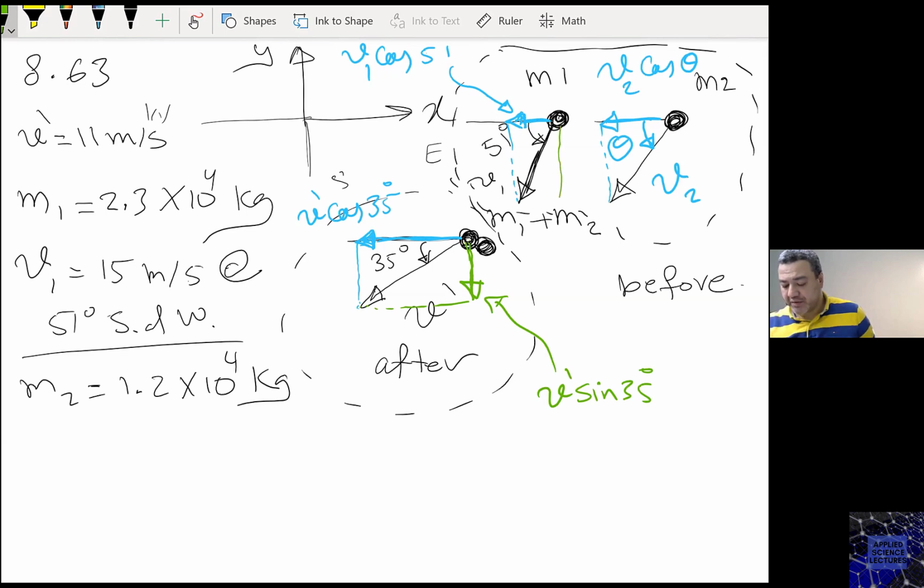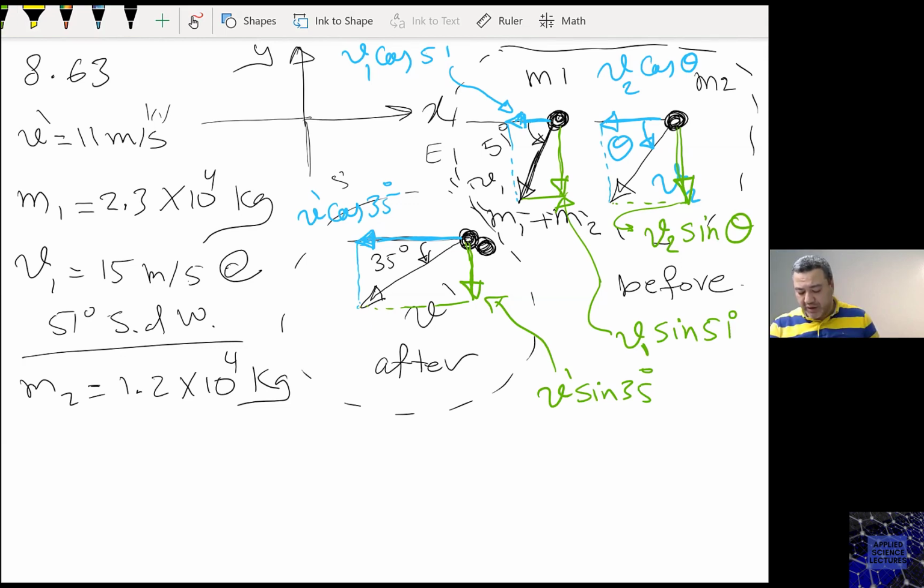Same here, this one is v1 sine 51 degrees, and this one is v2 sine theta.